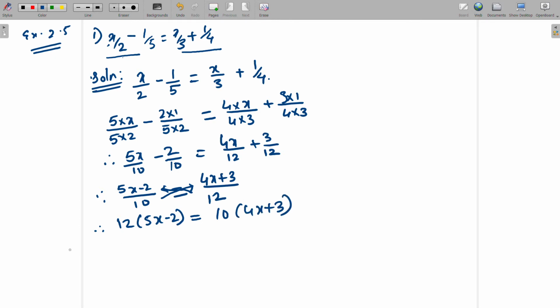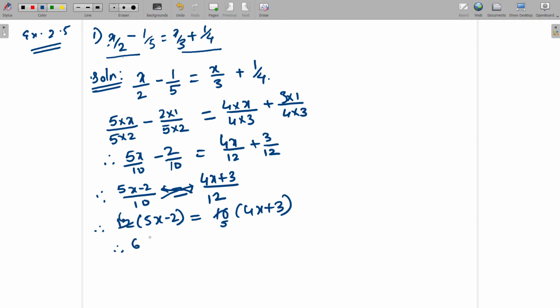Now when we open the brackets, 12 into 5 is how much? 60. Or we can do one thing here. When we take 12 onto this side, this will become division. So directly we can do it here. Division: 2 5s are 10 and 2 6s are 12.